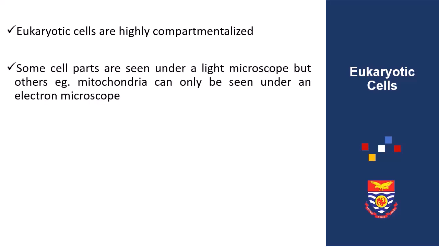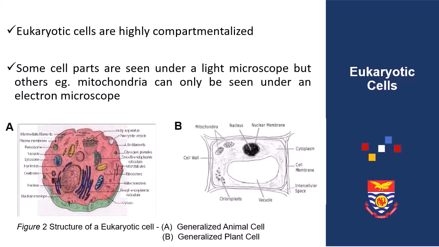When viewed under a light microscope after staining the cell with some special dye, certain parts of the cell can be seen. However, other organelles, which are very small in size, for example mitochondria, cannot be seen under the light microscope, but rather under the electron microscope.